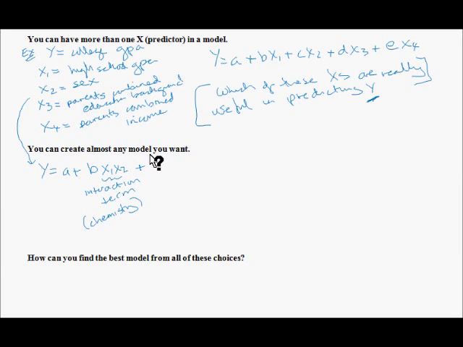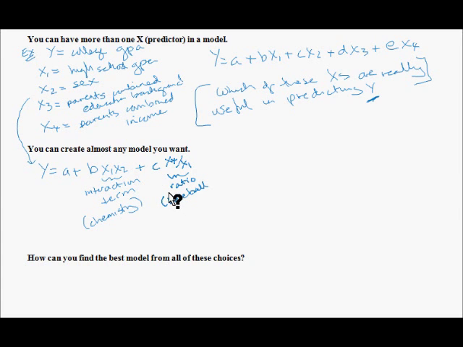Other things you can do are, like maybe I'll take, I don't know if it makes sense here, x4 divided by x1. That's called a ratio term. A ratio term makes sense, for example, in baseball.